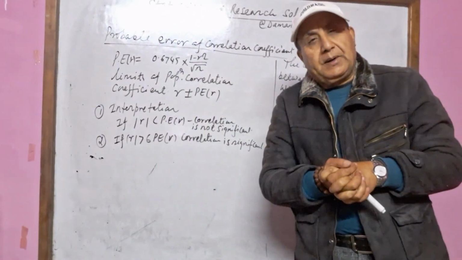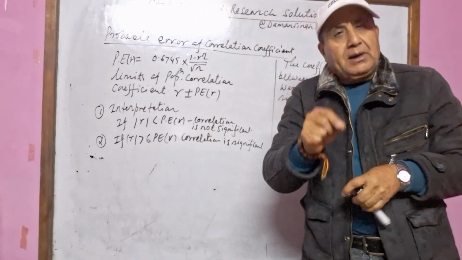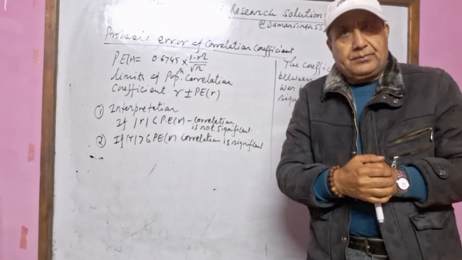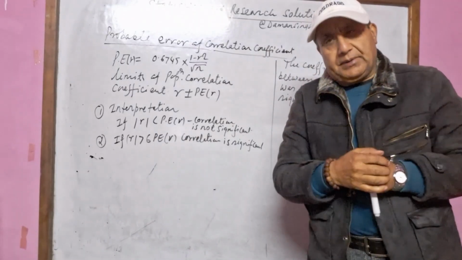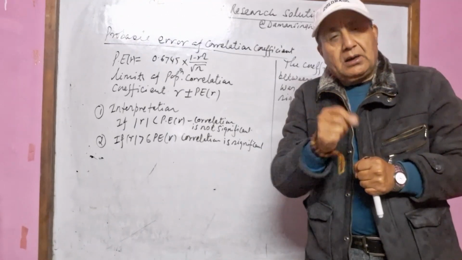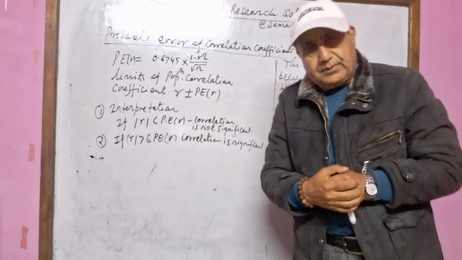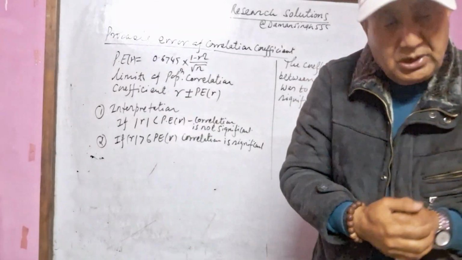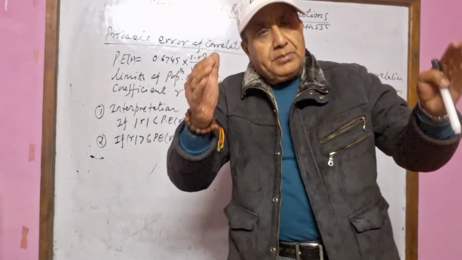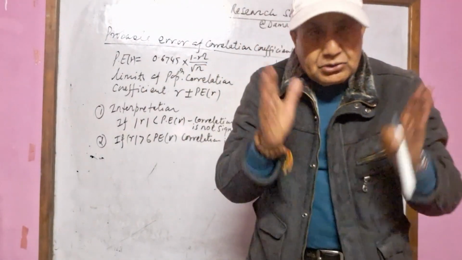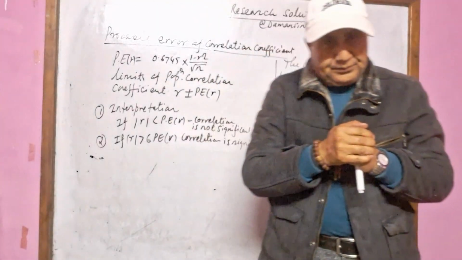Probable error is the reliability of coefficient of correlation. Karl Pearson coefficient of correlation value ranges from -1 to +1.